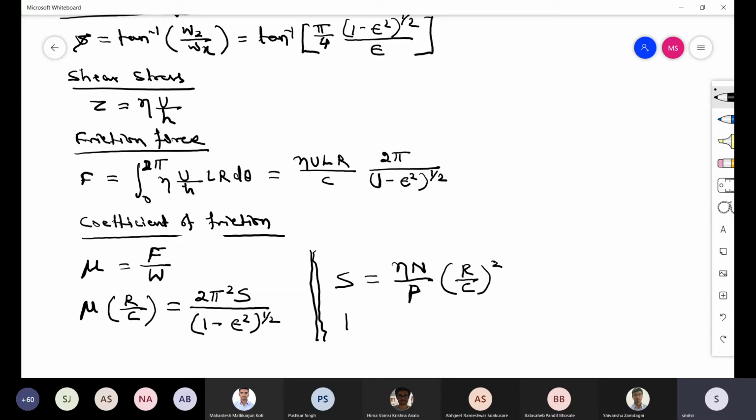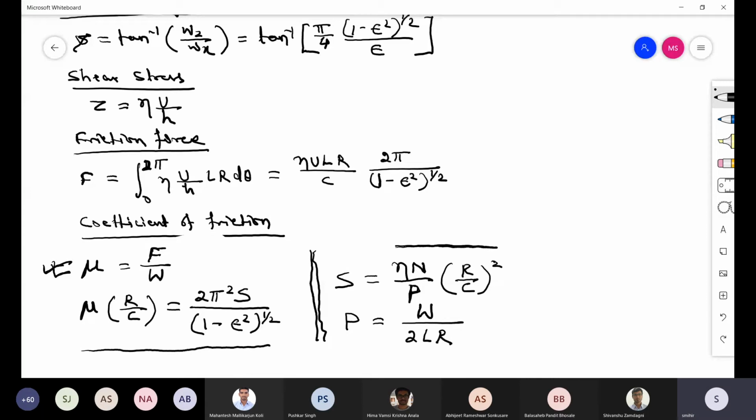Okay, this P equal to W by 2 LR. So you just substitute this F by W here. Whatever you get, put S for this value, then you should be able to find this expression for friction.